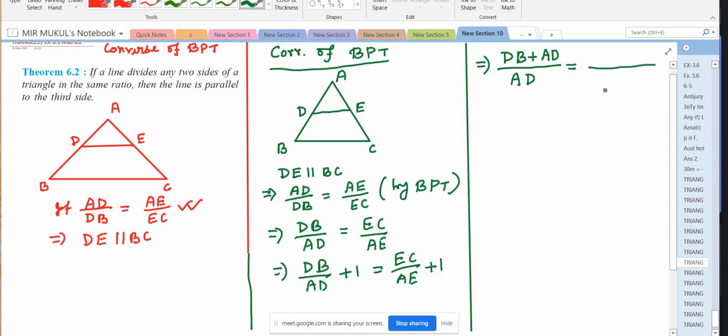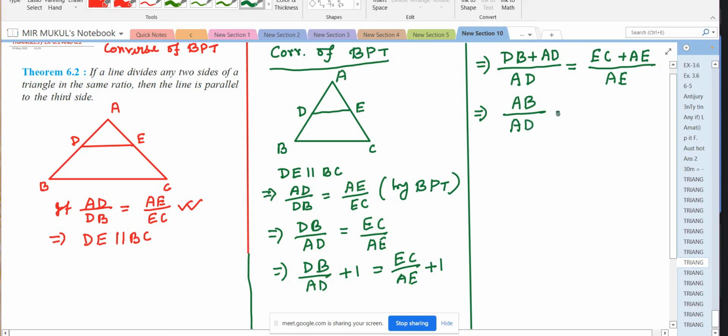And right hand side, AE is the LCM, then EC plus AE. Achha Sakshi, tell me one thing, what can we write DB plus AD as? We can write AB, right? Yes, sir. And what can we write EC plus AE as? AC. Yes.